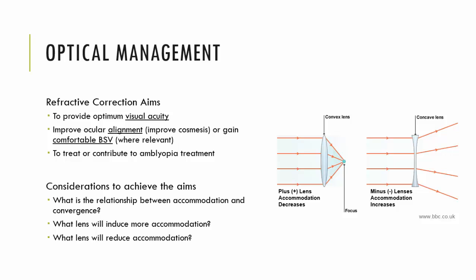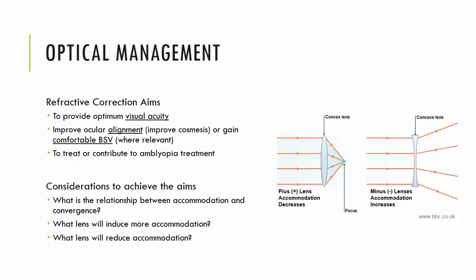And finally, another reason why we correct refractive errors in our ocular motility patients is that it is a mechanism to treat amblyopia or to contribute to amblyopia treatment. So we all know that two types of amblyopia are anisometropic amblyopia and ametropic amblyopia.